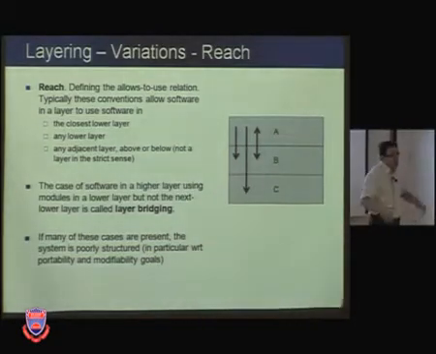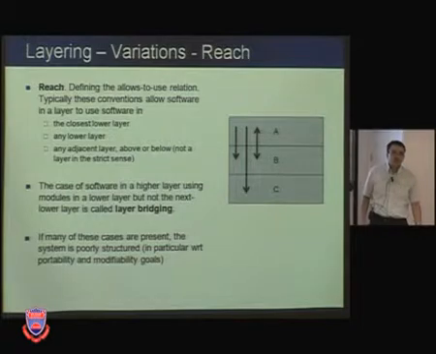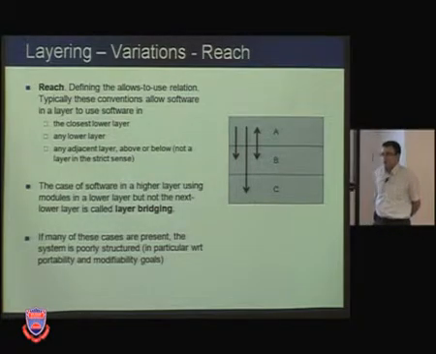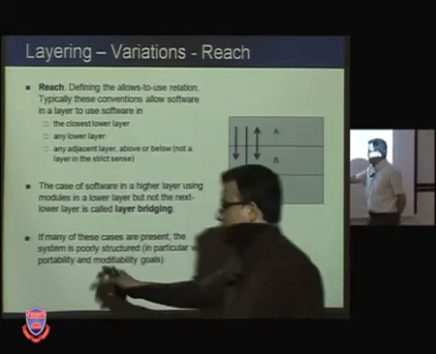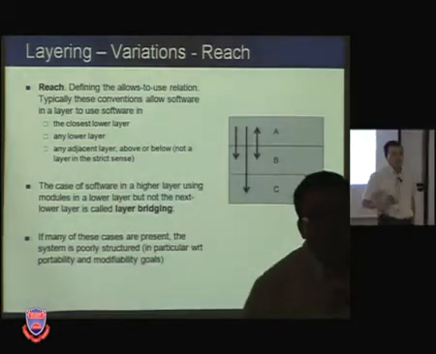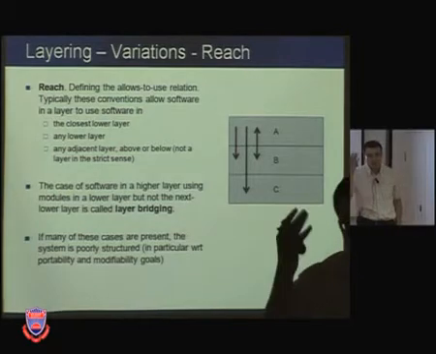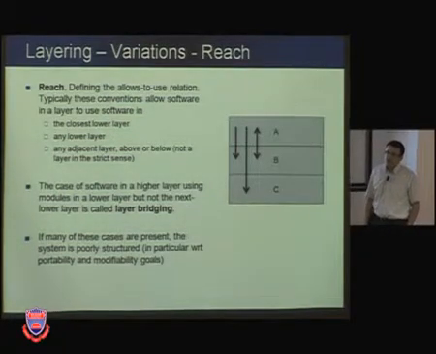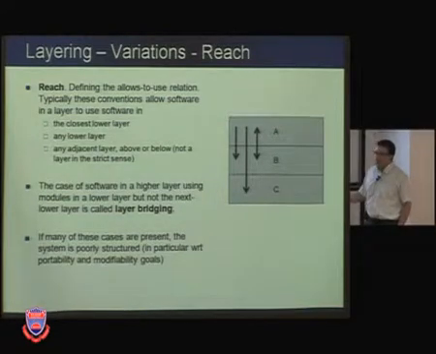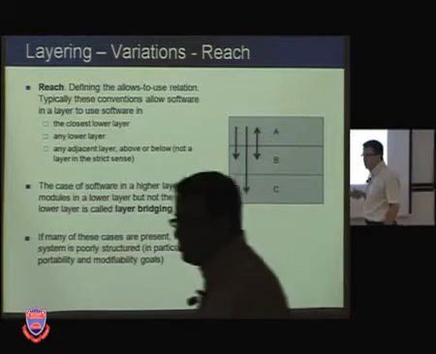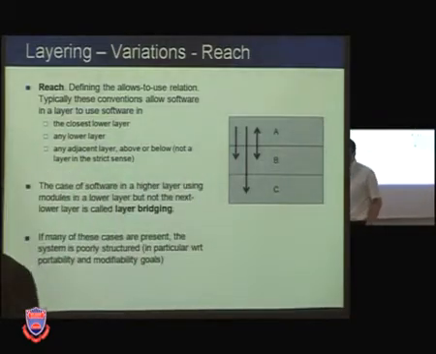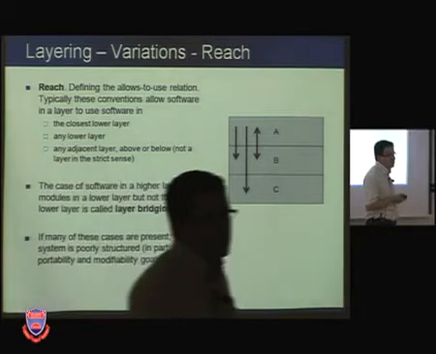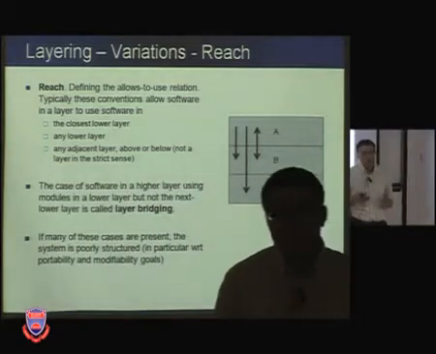It's not a nice decomposition. Design decisions were not well made. With respect to what? Basically portability and modifiability. If you have many upward calls and many layer bridgings, your system will be less modifiable and less portable. But one of the key motivations for using layering is modifiability and portability. So you should be aware of that.